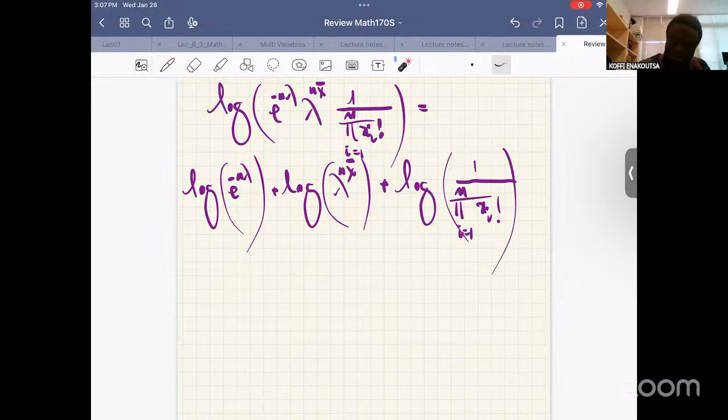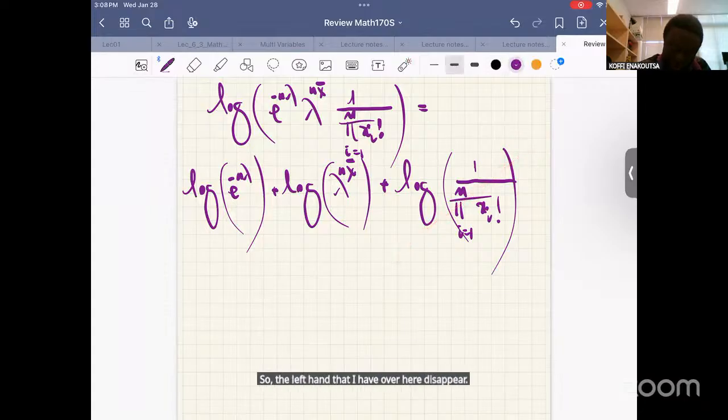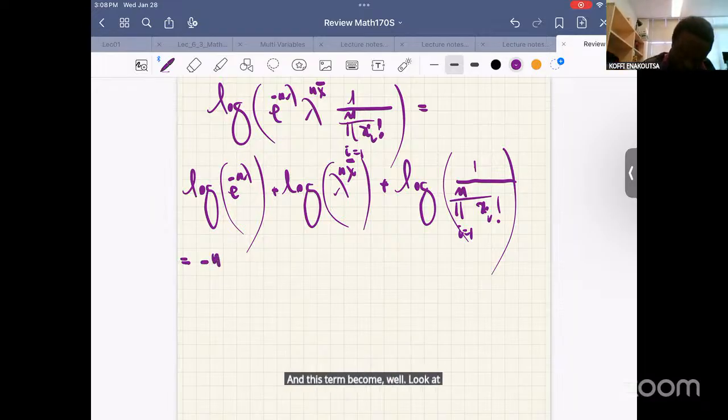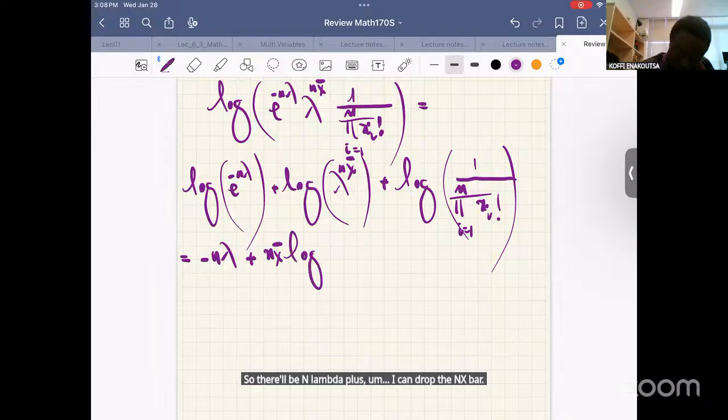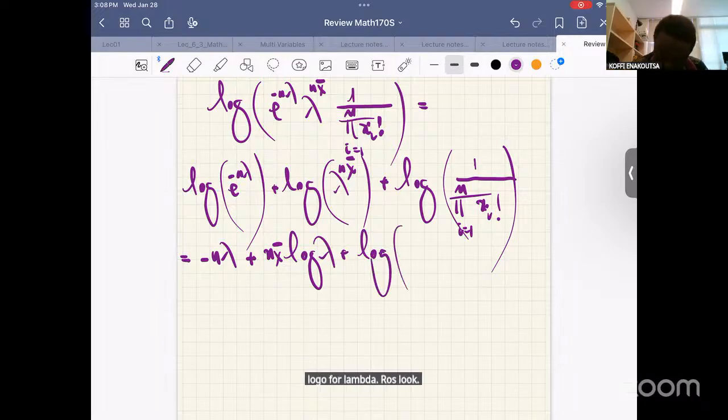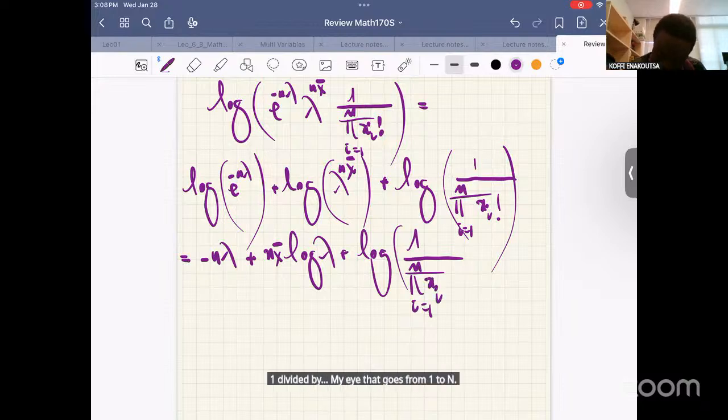The log of the exponential cancels, and that term becomes minus n lambda, plus n x bar log of lambda, plus log of 1 divided by the product, i from 1 to n, of xi factorial.